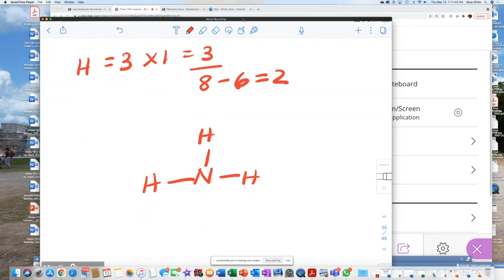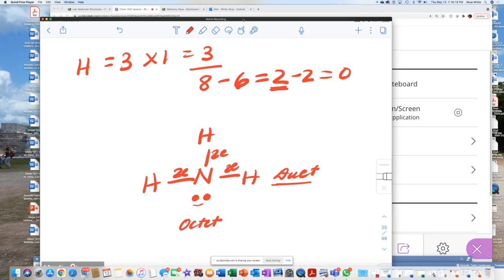We're left with 2. You can't place anything on hydrogen, since hydrogen is now full at a duet. So the remaining 2 electrons go on nitrogen, minus 2 here, we get to 0. Check it. Hydrogen has a duet, so it's satisfied. Nitrogen now finally has an octet: 2 electrons here, 2 here, 2 here, and 2 here.